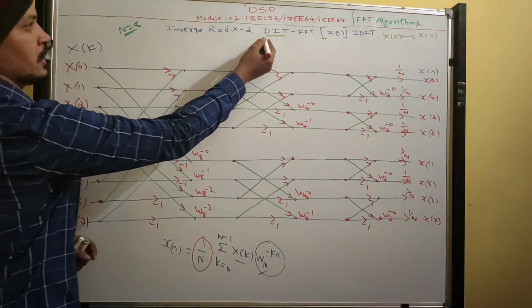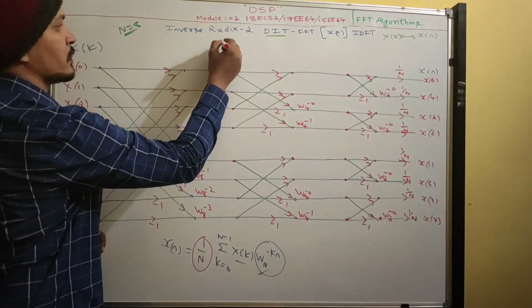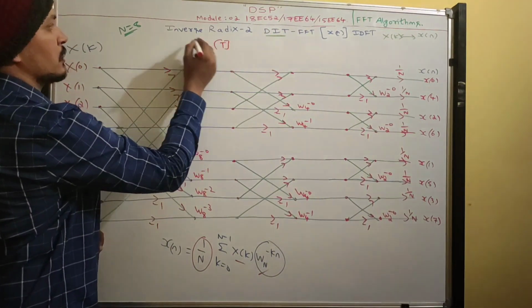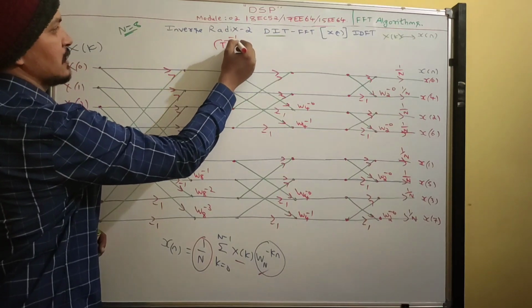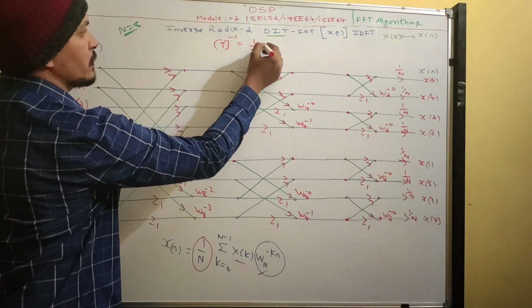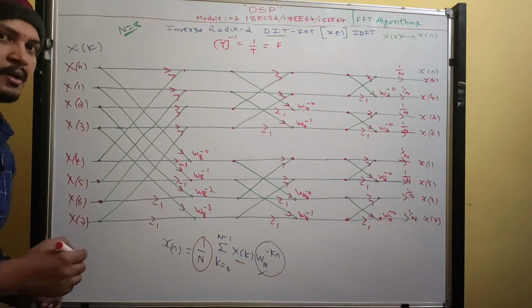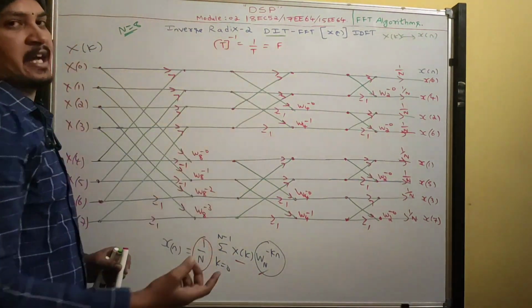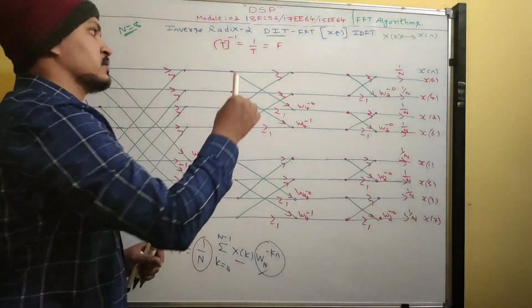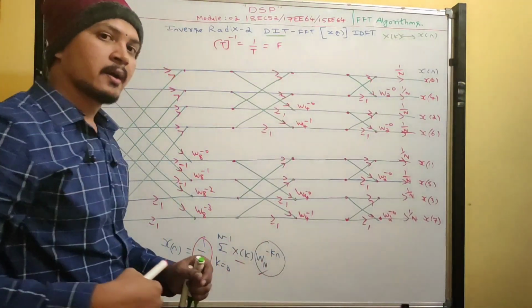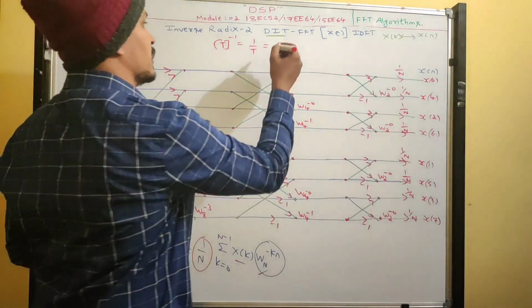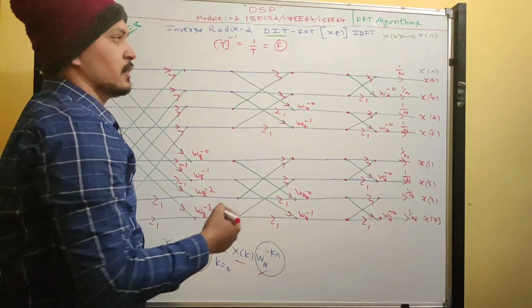See, once more I am explaining decimation in time. What is T inverse? I can write 1 by T. What is 1 by T? Frequency. If I inverse the time, you will get frequency. So frequency's output means DFT.